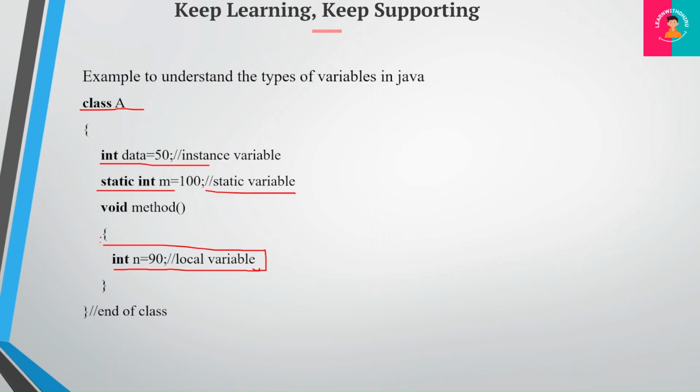Whatever variable we declare inside the method, this is our method, I've declared a variable here, it is local. Outside the main method it is an instance variable, and a variable declared with the keyword static is known as a static variable.